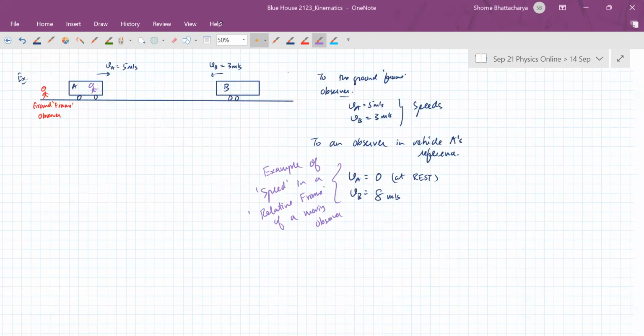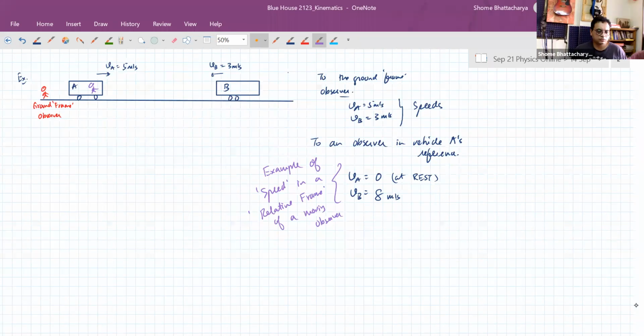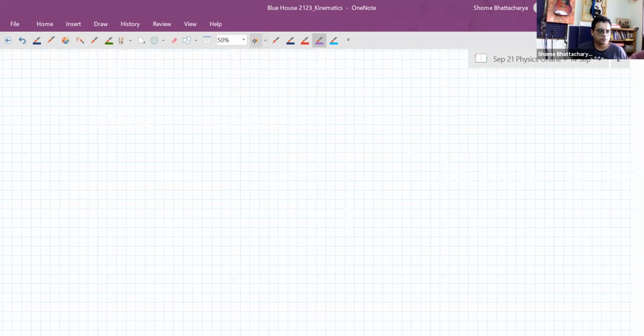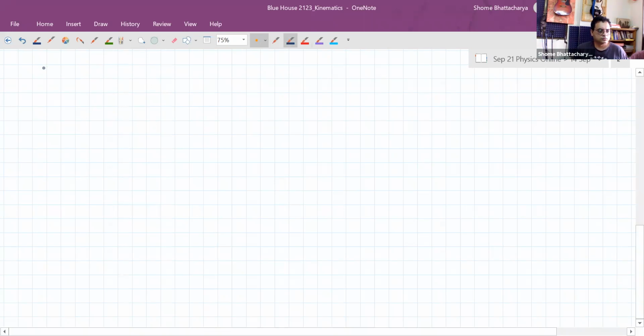Okay, so now next thing what we'll do is we'll develop the formal equations of relative motion. So first of all, the general parameters for relative motion equations.